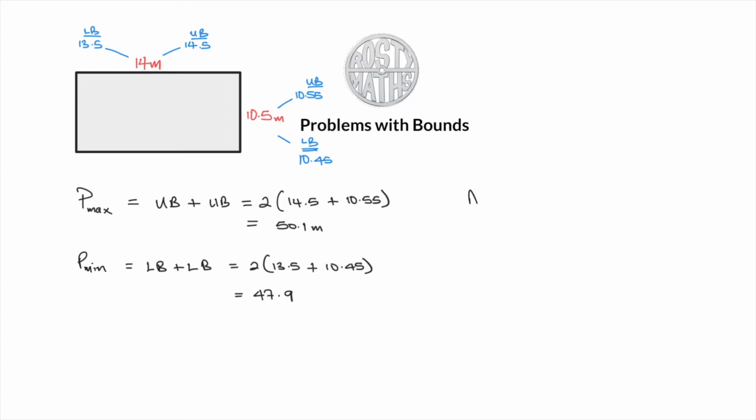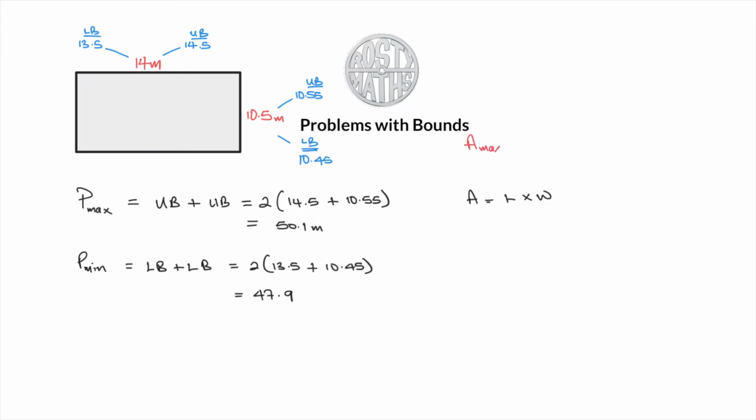So for the area, we know that is length times width of my rectangle. And hopefully you are learning what I'm trying to teach you here, because I'm teaching you that if you are adding and you want the upper bound, you need to add the biggest possible numbers. If you want to multiply, and again, you want the upper bound, so I'm going to do this in a different color.